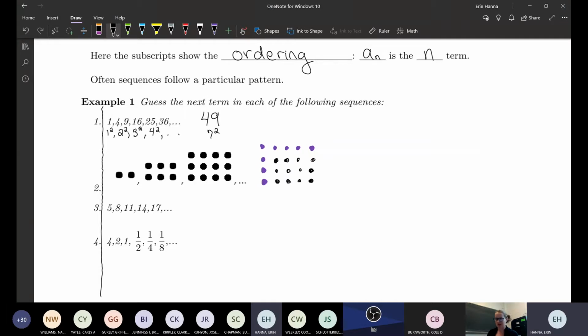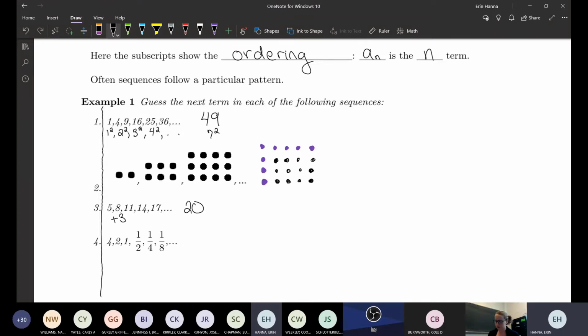And 14 to 17, add 3. So it looks like the pattern here is probably that we're adding 3 each time. So the next term in the sequence is most likely 20. We're not entirely sure. We're taking guesses here. Something super crazy could happen, but we're going to assume that the next is probably 20.